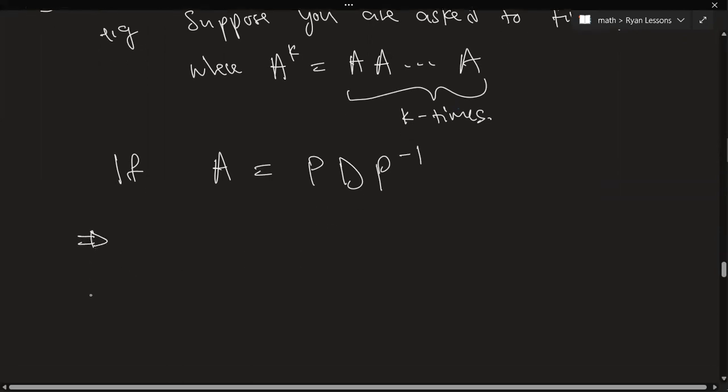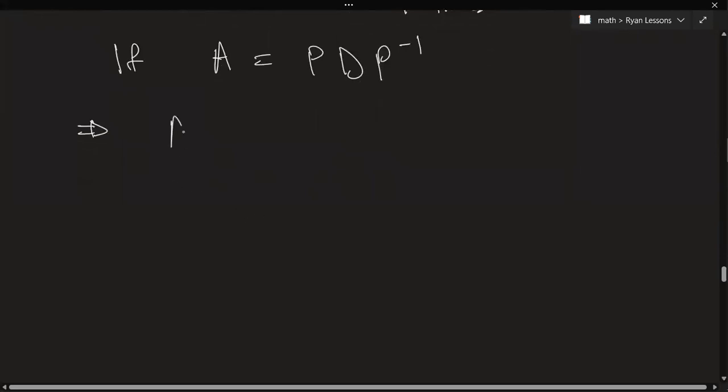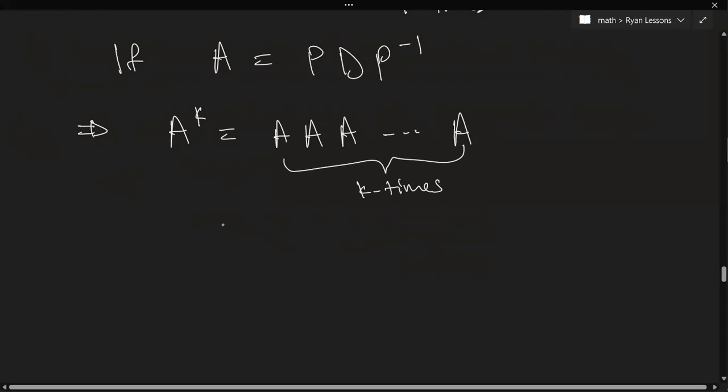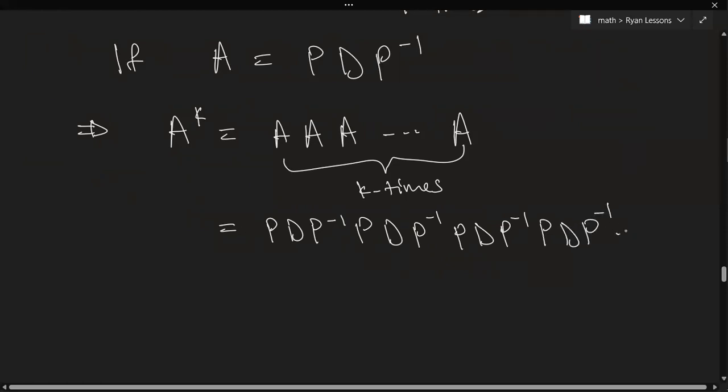A^k becomes simple. It is A times A, k times, which can be written as PDP^-1 times PDP^-1 times PDP^-1, and so on up until you get this k times.